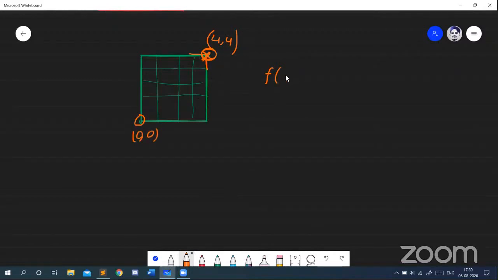It will just be f of n comma n is equal to f of n minus 1 comma n plus f of n comma n minus 1, right? And then I can just form my base cases and solve the problem, right? Exactly.